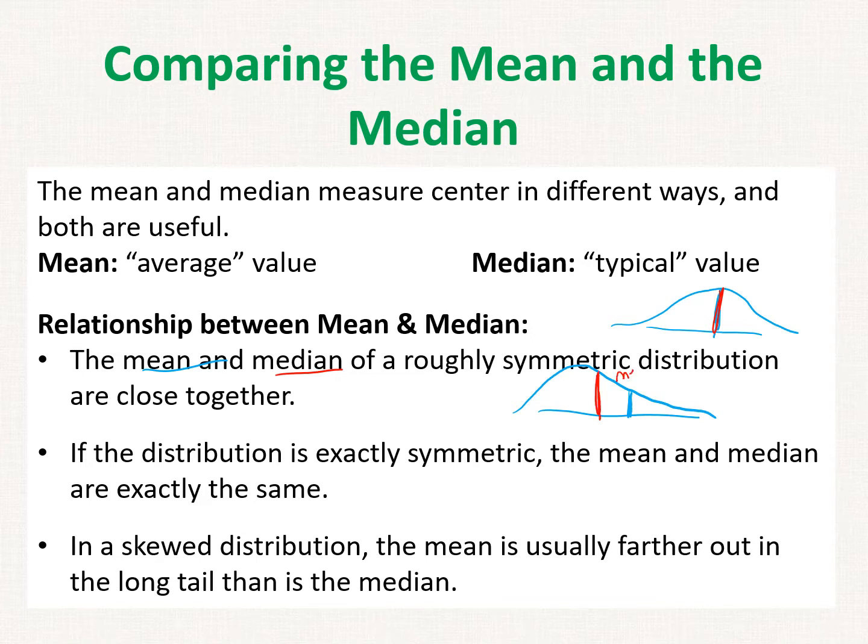The median will move a little bit, but the mean will move more with the skew. That means if you are trying to find a center value in a skewed distribution, you want to go with the median because of that reason. It's more resistant to skew.